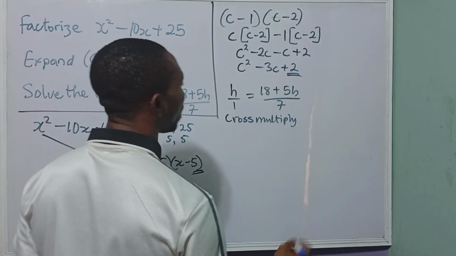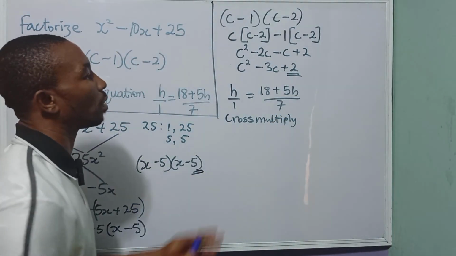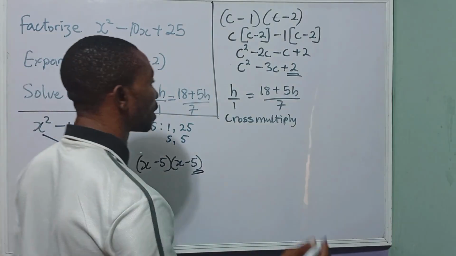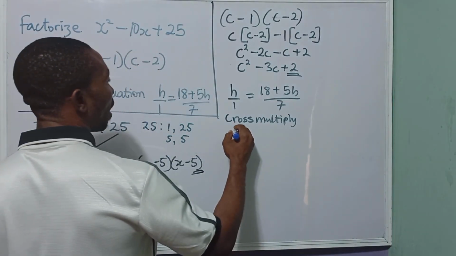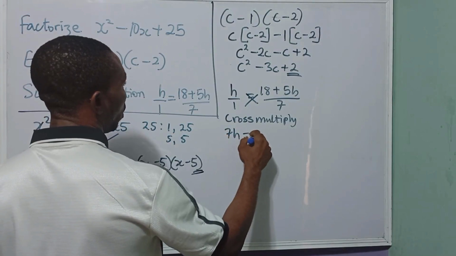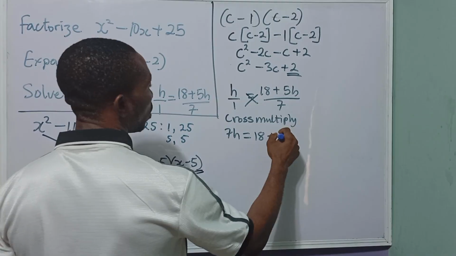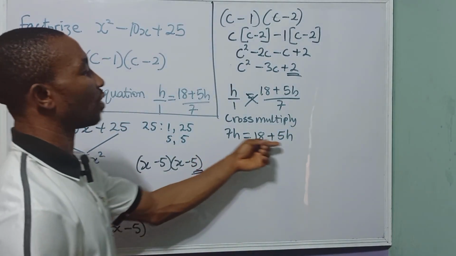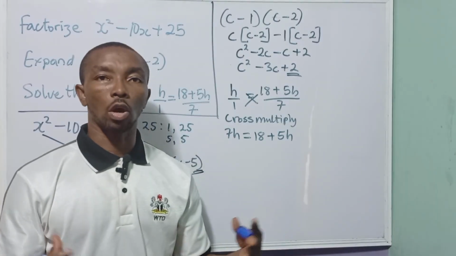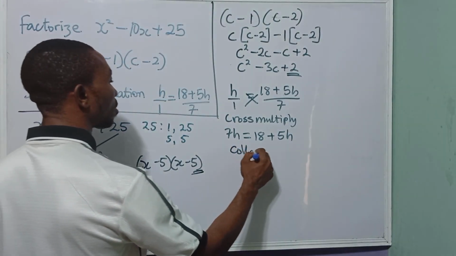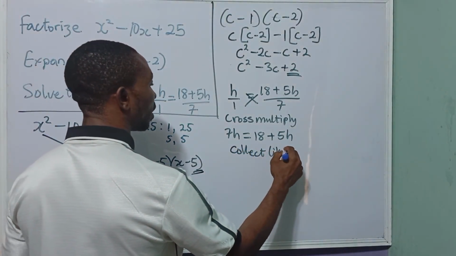In some cases, we can say multiply both sides by 7, and we'll still get the same answer. So cross multiplying, this becomes 7h equals 18 plus 5h. Now, since we have h and h, we collect like terms.